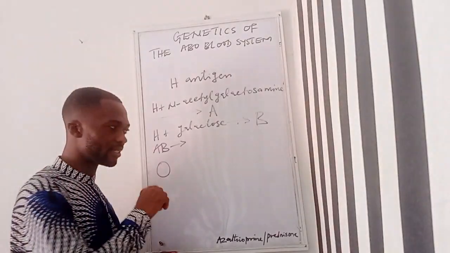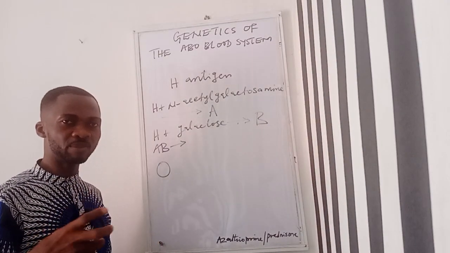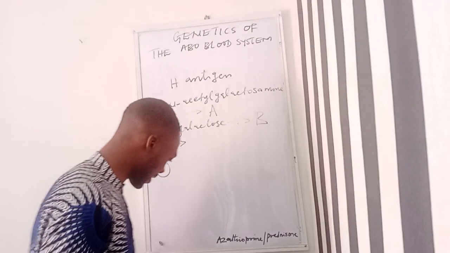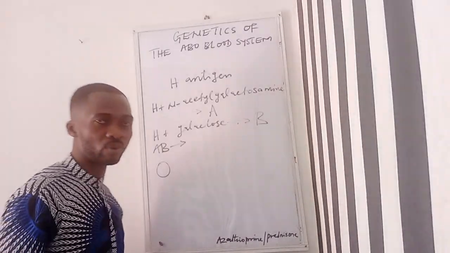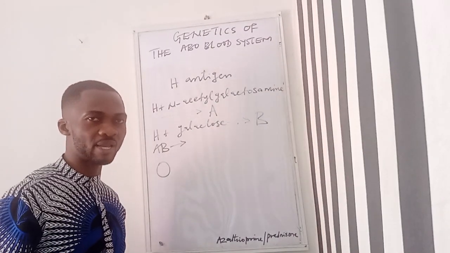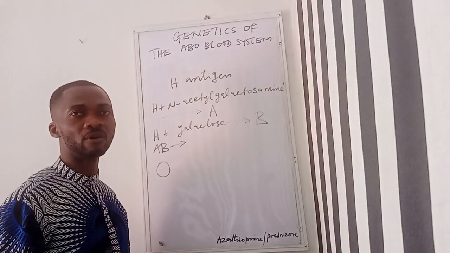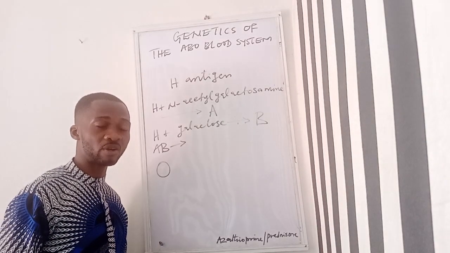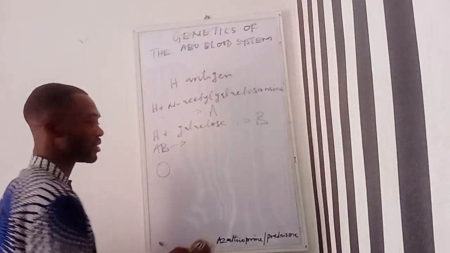There is no antigen A or B in blood type O. However, they have antibodies A and B. We are still going to look at this holistically. Like I mentioned, the primary reason is that blood type O lacks the GTA enzyme that helps in the incorporation of carbohydrate molecules into the precursor, which is the H antigen.